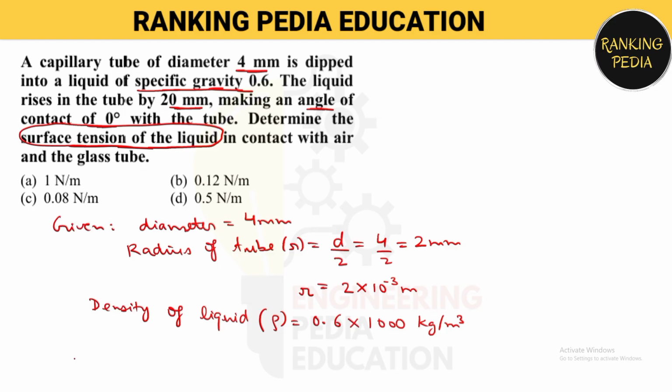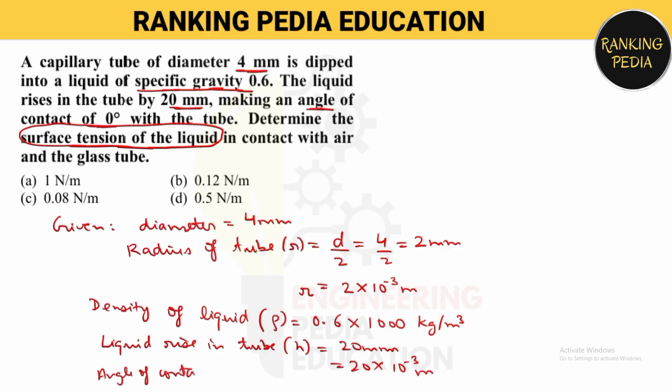Next, liquid rise in tube is given, which is small h, 20 mm, and when we convert 20 mm to meter, it is 20 into 10 raised to the power minus 3. Angle of contact is also given, which is denoted by theta, and it is 0 degree.